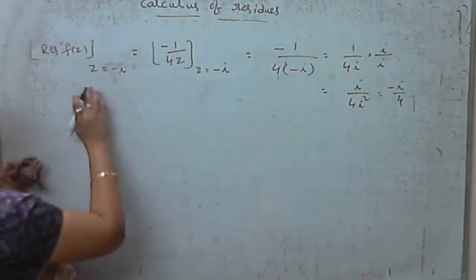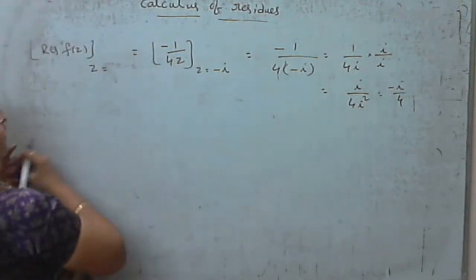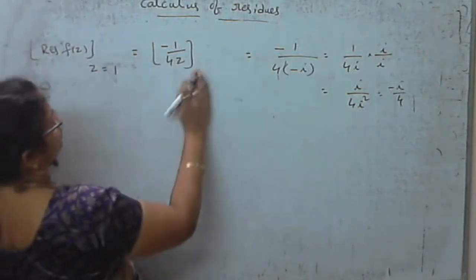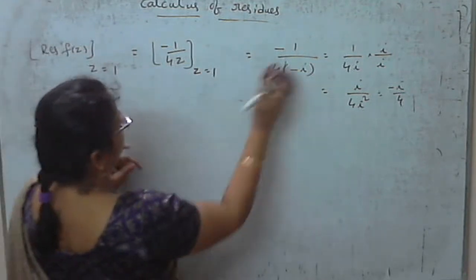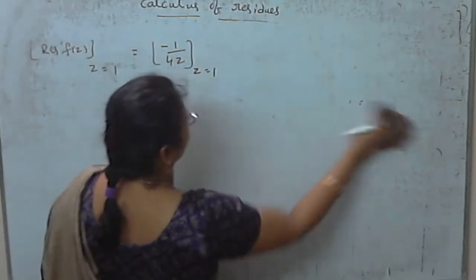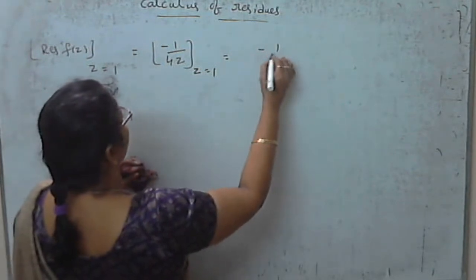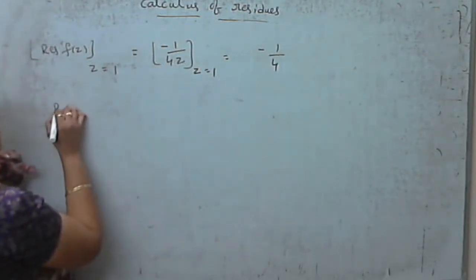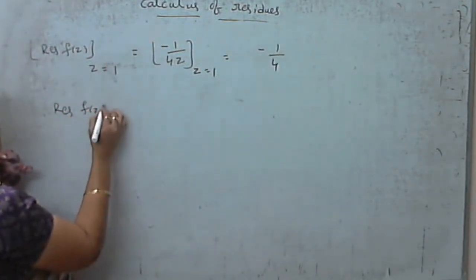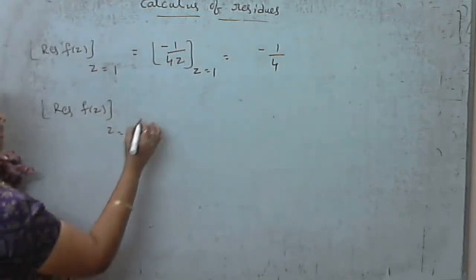Next, residue of f of z at z equal to 1. So at z equal to 1, that means minus 1 by 4. Next, residue of f of z at z equal to minus 1.